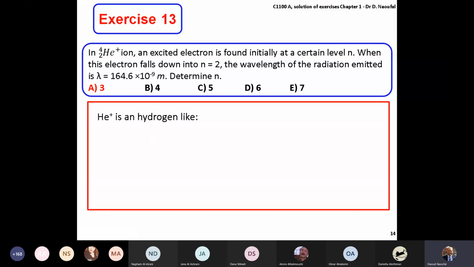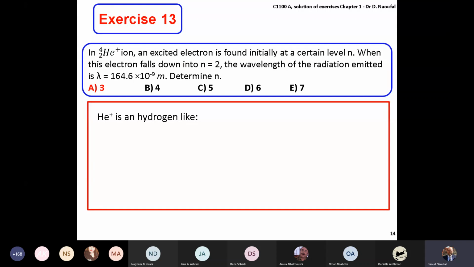What is helium plus? Helium plus is hydrogen-like, and the wavelength of the transition when the electron returns from higher n to lower n can be calculated in two different ways. I can say delta E equal En, where n is unknown, minus E2, and E2 is known.